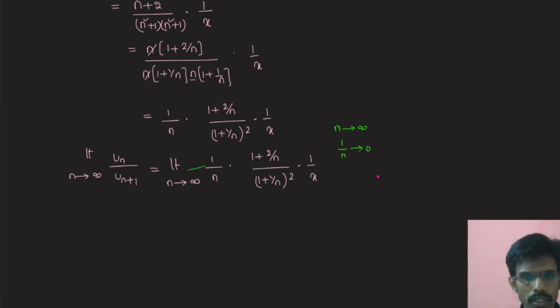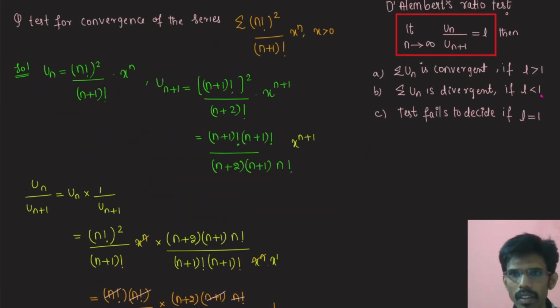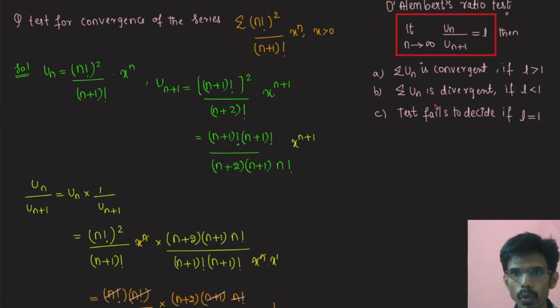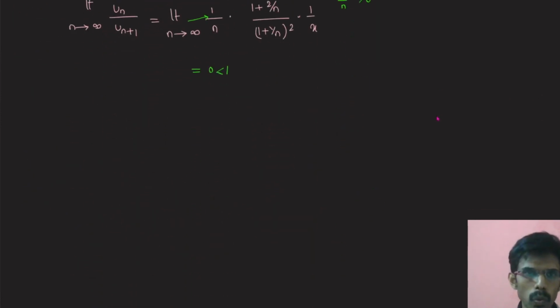So if I apply this limit here, this will become 0 into something, so the complete value will become 0. So the value of this limit is 0. 0 is less than 1, correct? So when L value is less than 1, we see that sigma un is divergent. So the conclusion is the given series is divergent.